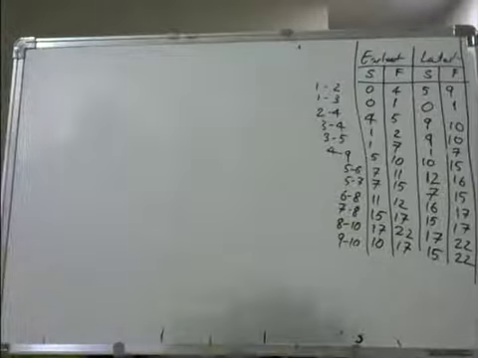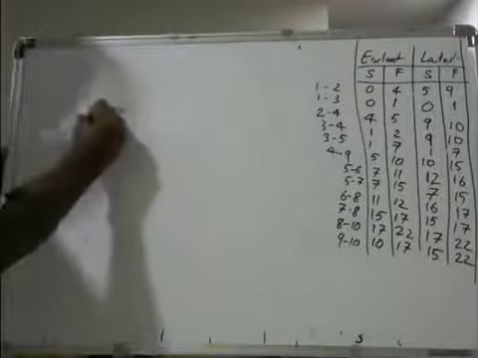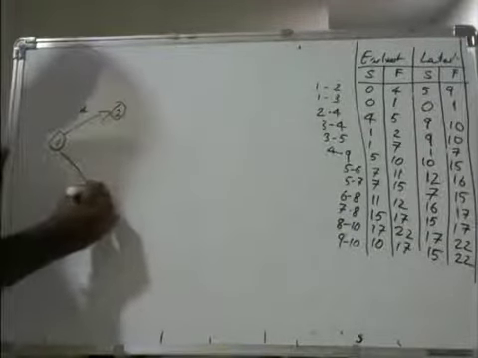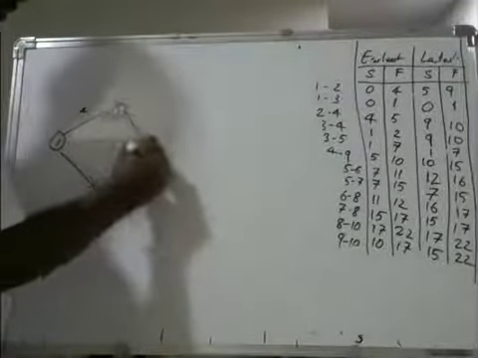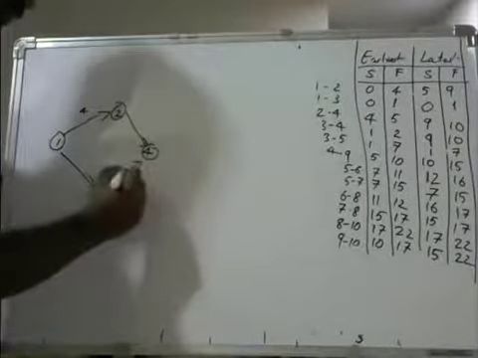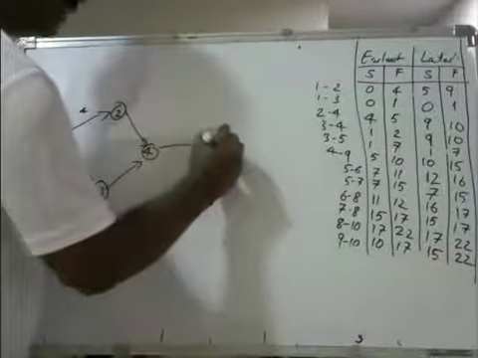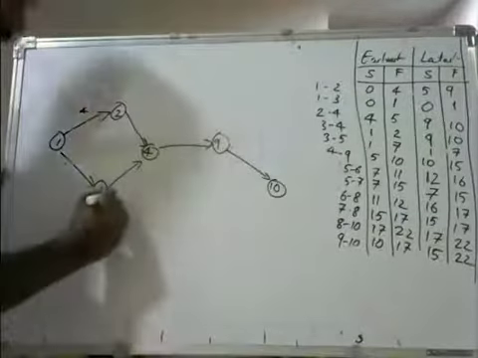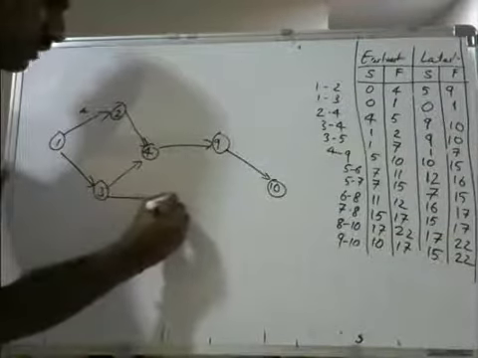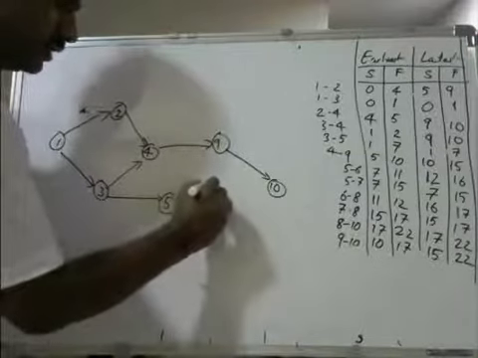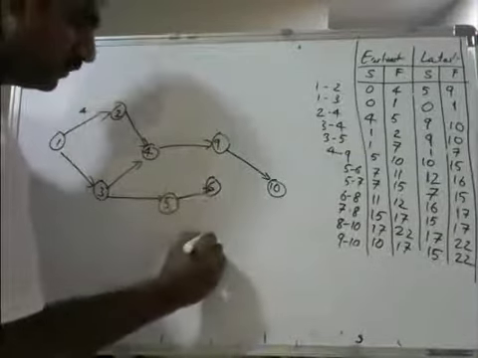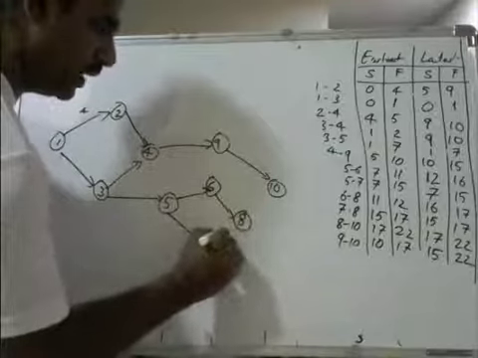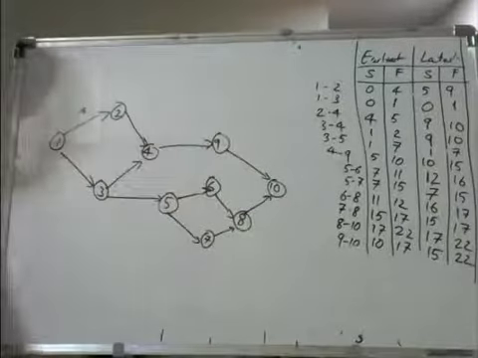When we had done the network here, 1 to 2, 1 to 3, then 2 to 4, then 4 to 9, then 9 to 10, then 3 to 5, 5 to 6, 5 to 7, 6 to 8, 7 to 8, and 8 to 10.